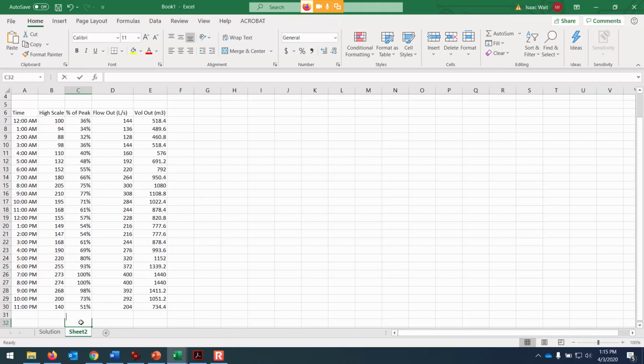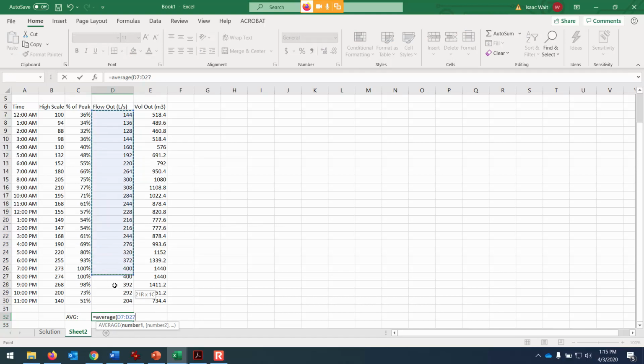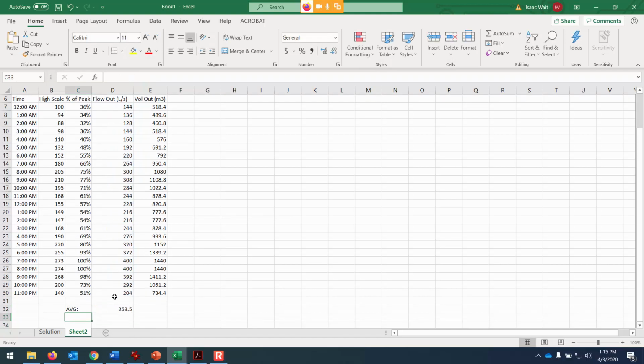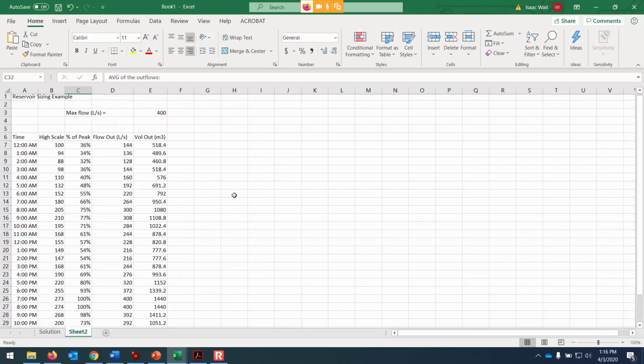So down here, I'm just going to calculate the average of the flows out. 253.5 liters per second. Average of the outflows.